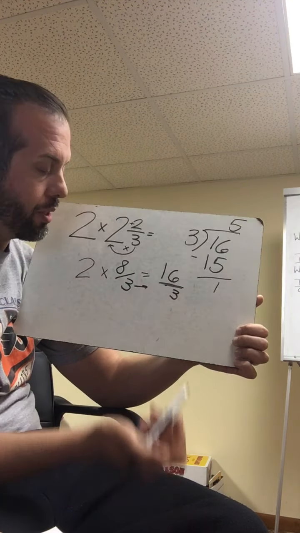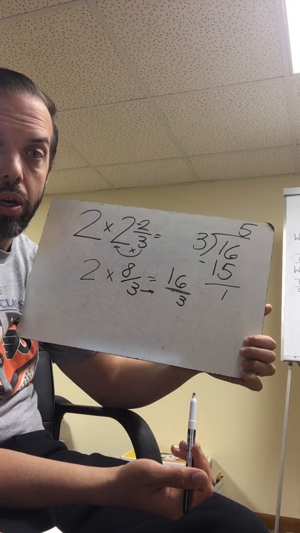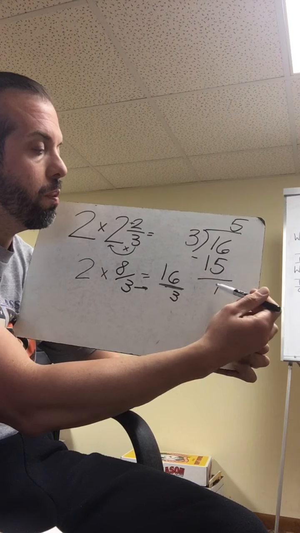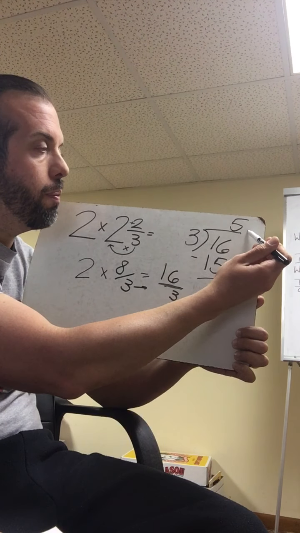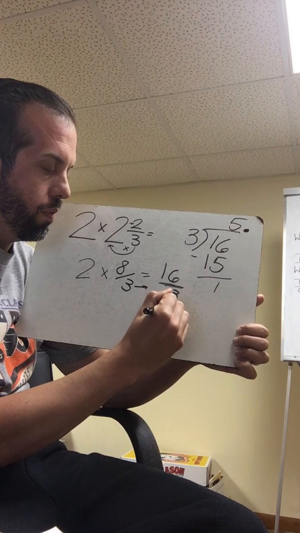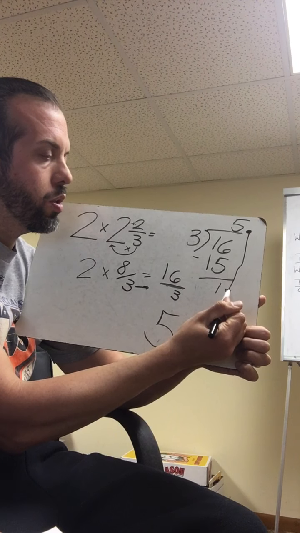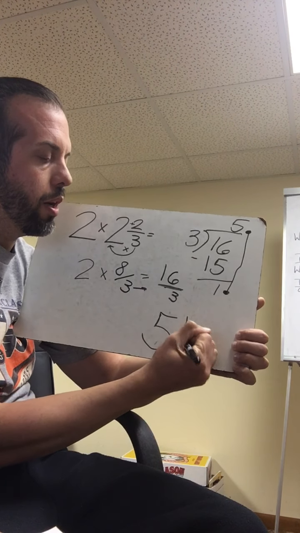And now to get my mixed number, right, I'm simply going to think of those 3 words, which were quotient, remainder, divisor. My quotient is 5. My remainder is 1. 1's going to be my numerator.